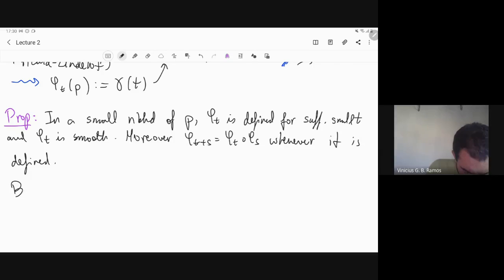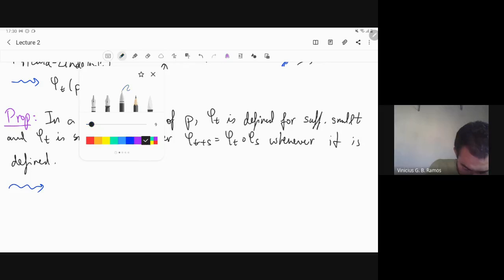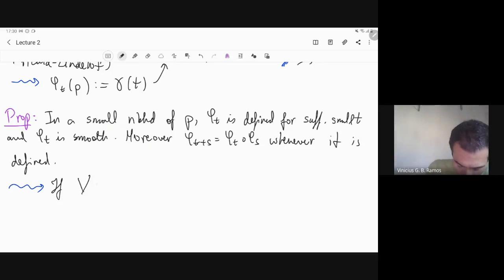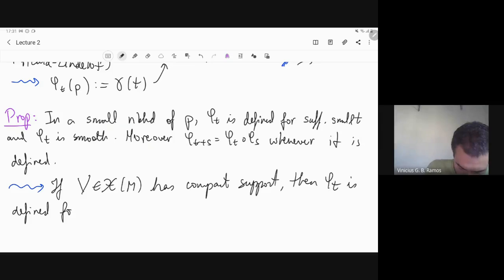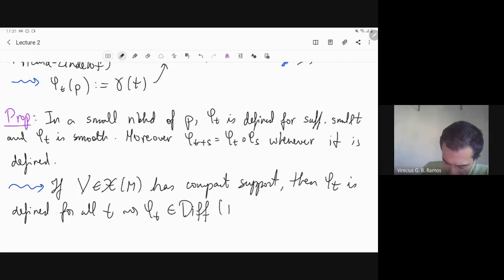But I guess one of the main observations is that if your vector field has compact support, then the flow is defined for all time. So then this flow is actually a diffeomorphism of the manifold.